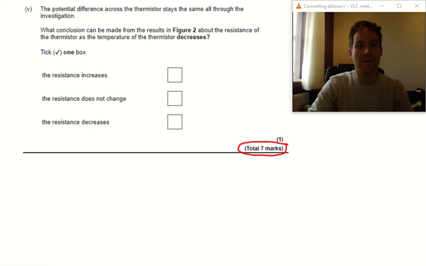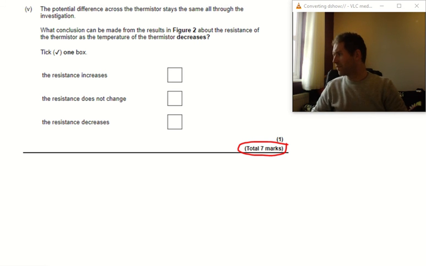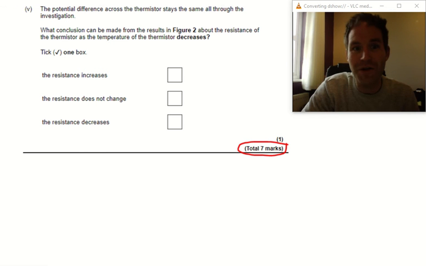Now, this brings us back to our last question in this section. The potential difference across the thermistor stays the same all through the investigation. So the voltage stays the same all throughout the investigation.